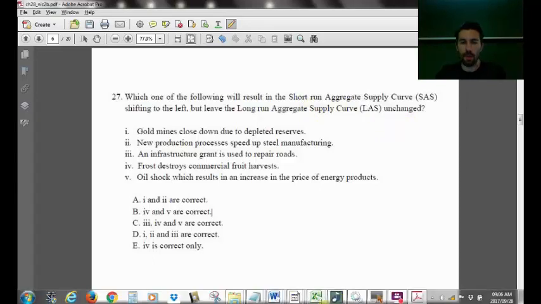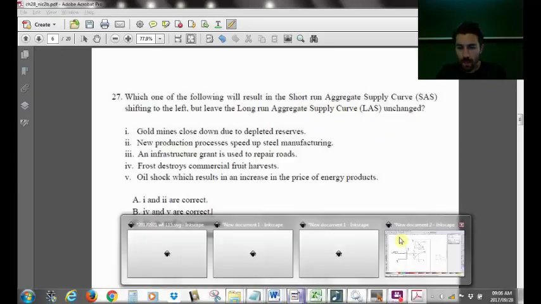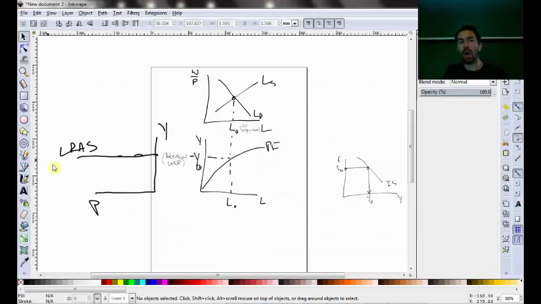Now, remember that the position of our long run aggregate supply curve is determined by equilibrium in our labor market as well as our production function. So if my production function shifts up or down, my long run aggregate supply is going to shift to the left or to the right.